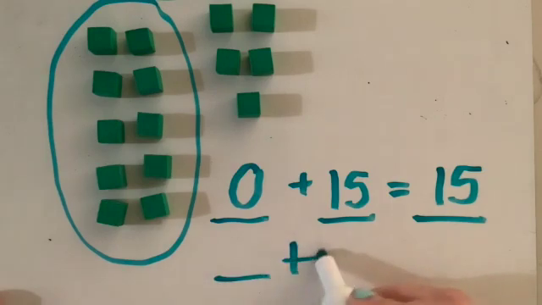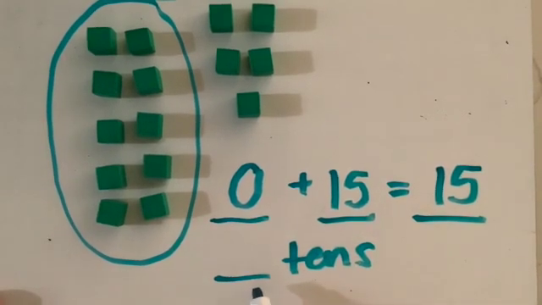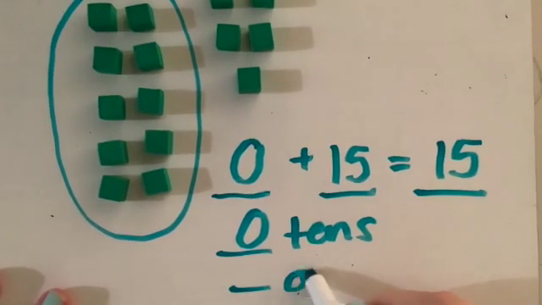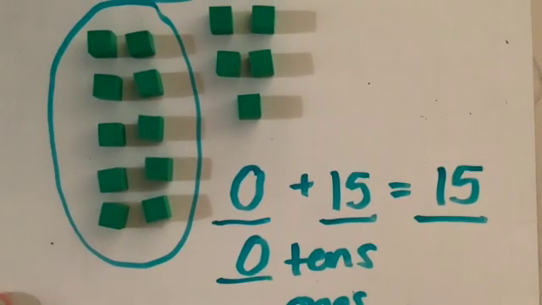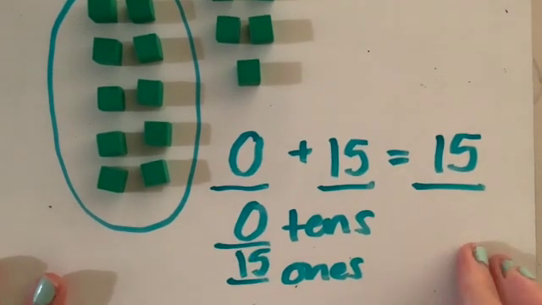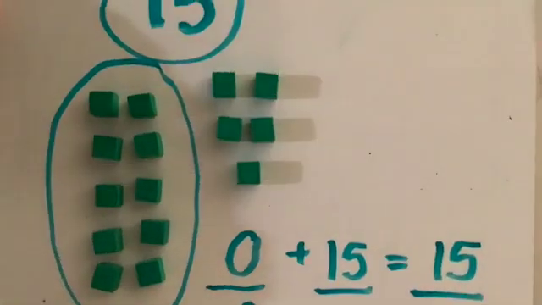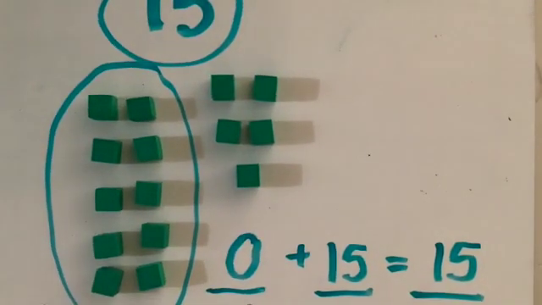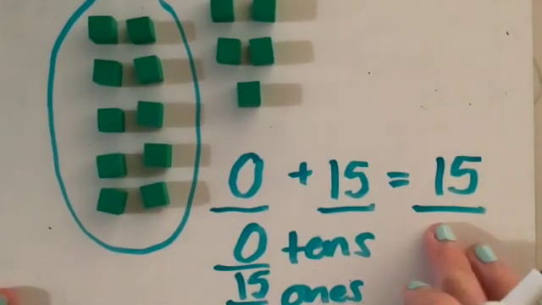So again, how many 10s? 0. How many 1s? 15. So we showed the number 15 in a different way with our base 10 blocks, but it still made 15.